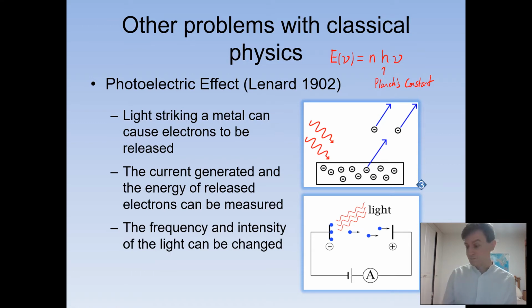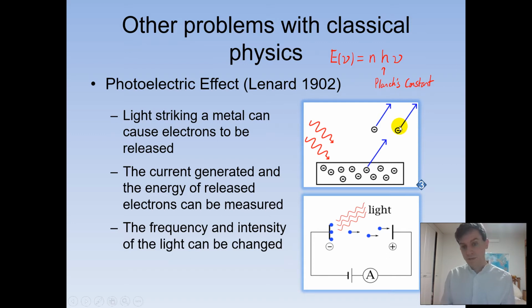Okay. So this is the photoelectric effect, which was studied experimentally in detail by Lenard, and the explanation in terms of Planck's constant was actually given by Einstein in 1905. So we're going to go through both what the effect is and also Einstein's explanation of the effect using Planck's idea of light energy quantization.